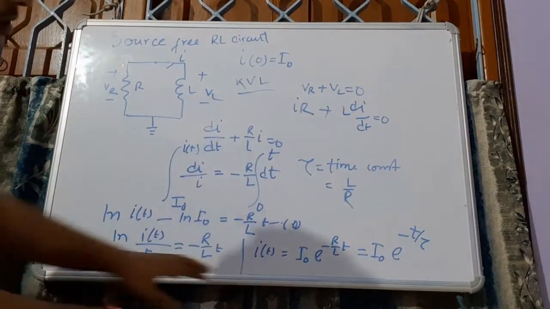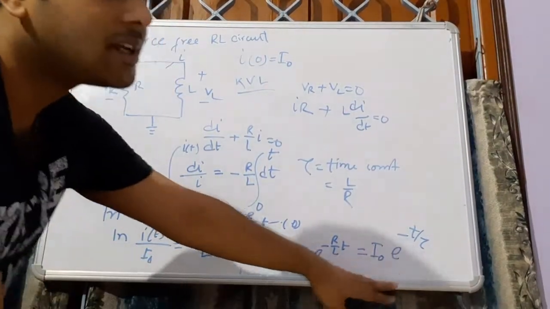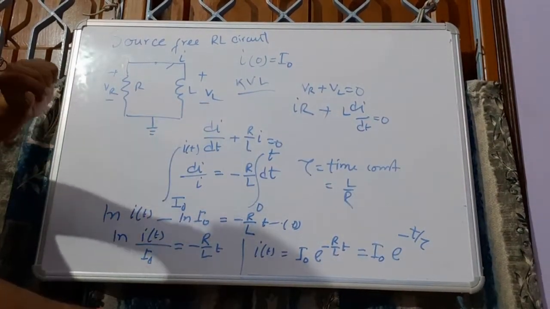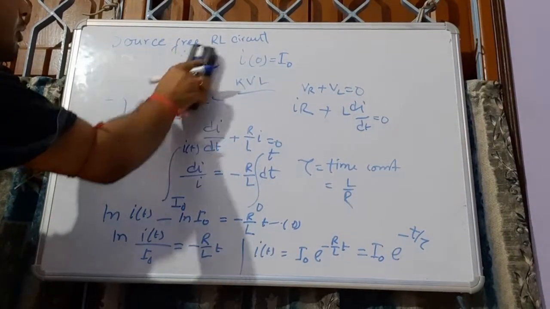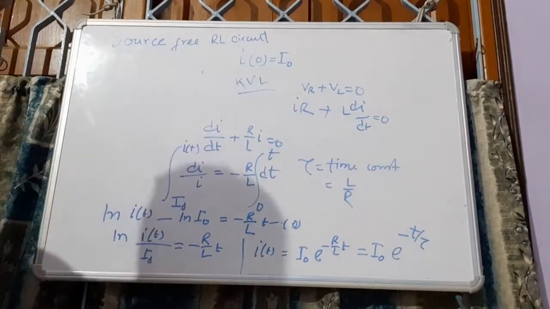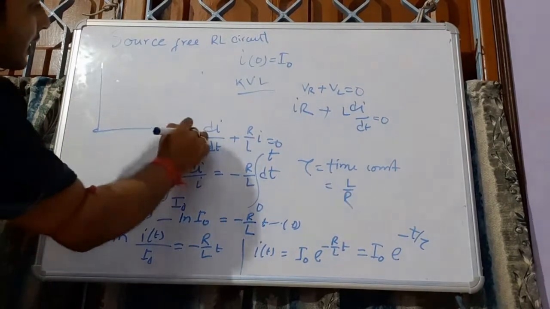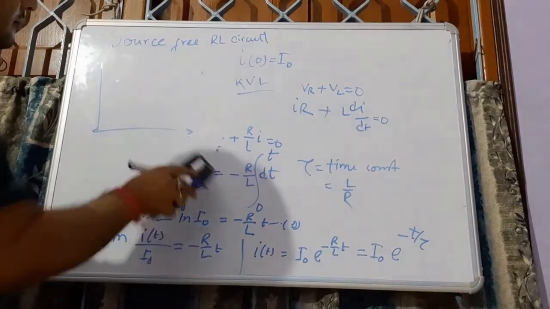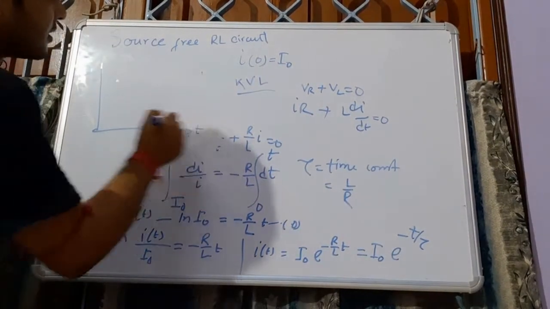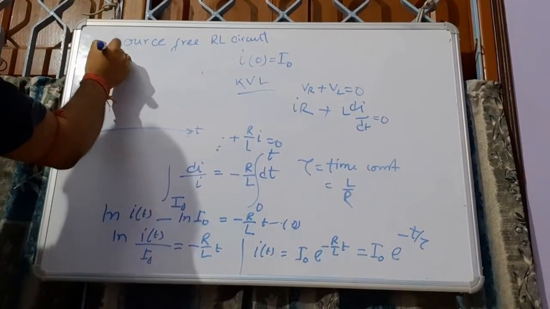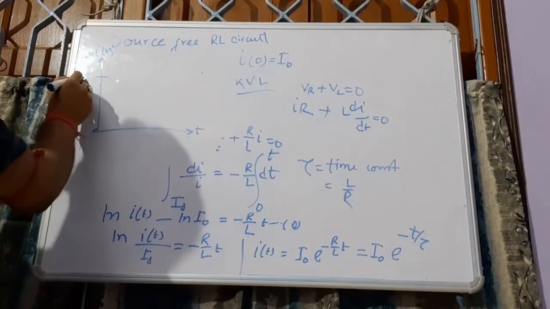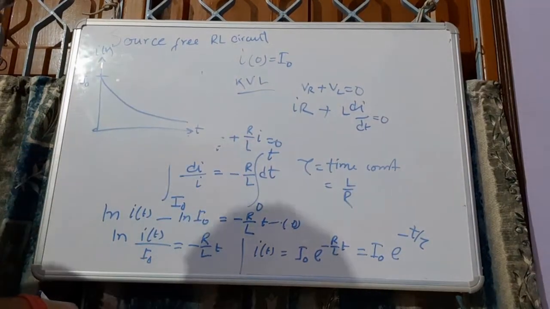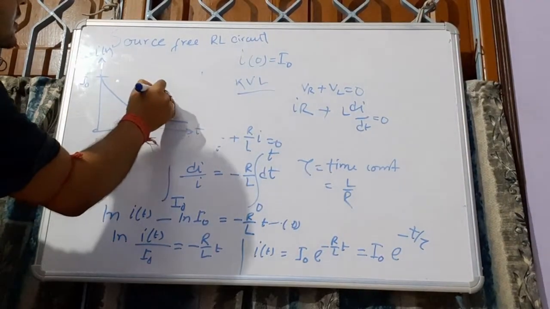This is also an exponentially decaying function like the RC circuit. And if I plot this current versus time characteristic, this is t and this is I of t, and we have an initial current I0 and this is decaying exponentially, and the time constant is L by R, right?